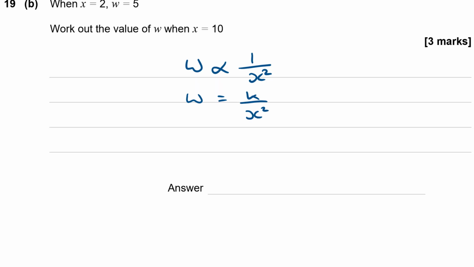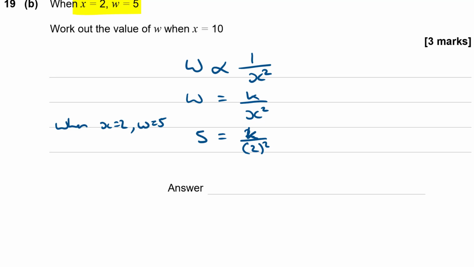We've got a pair of values that go together which can help us find k. So using the fact that when x equals 2, w is equal to 5, we can say that 5 must be equal to k over 2 squared, which is 4.